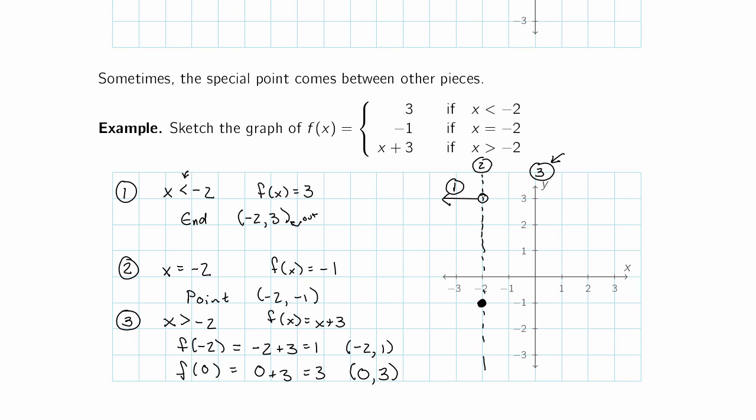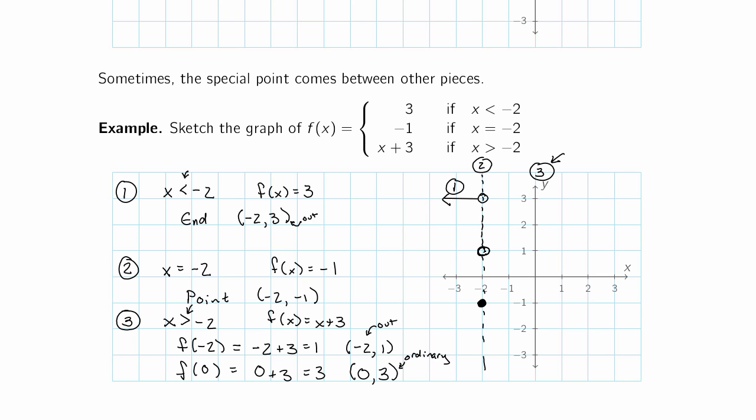Okay, how will I represent this on the graph? Well, -2 is not included in this part, so this point is out. And then this is not an endpoint, so it's in, but it's ordinary. I'm not going to put a big filled dot there. I'm just going to put an ordinary point there. So at -2, 1, I'll put an empty dot.